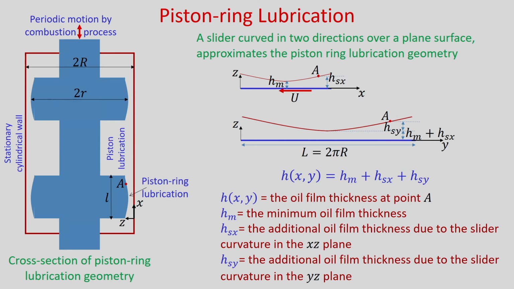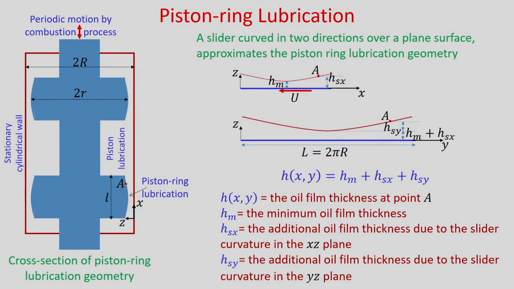We have the lubrication inside, and this is piston ring lubrication. Here the ring is not there, so here it is piston lubrication. We are considering x along the cylindrical wall, z perpendicular to it, and y in the circumferential direction. Let us consider L as the height of this ring.